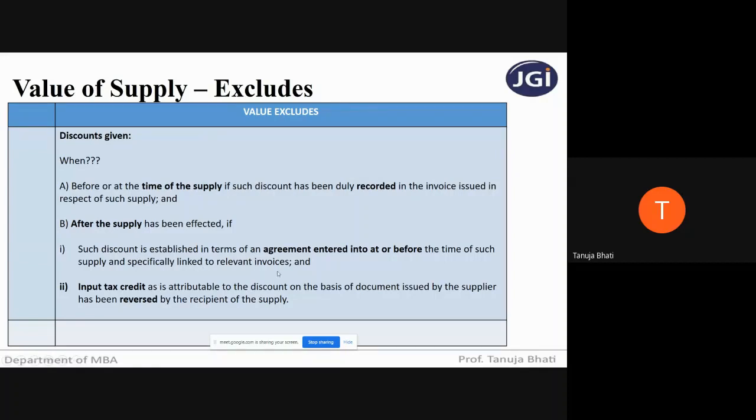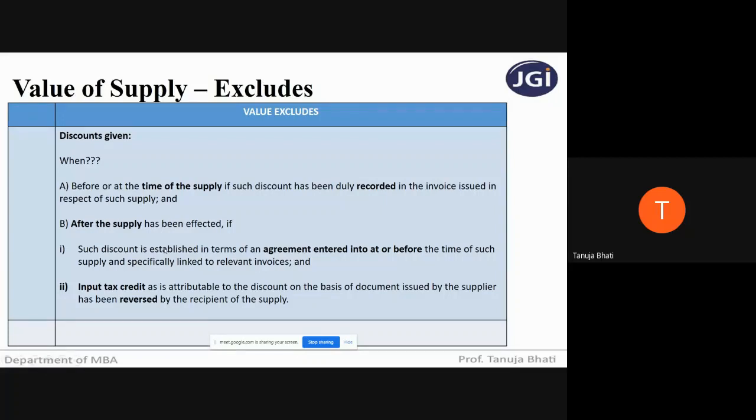So you should be able to trace for which particular invoice which particular discount was given. So the discount and invoice, there should be a matching of it, that for which invoice what was the discount given. If discount cannot be linked to any particular invoice, then it should be included in the transaction value. If it can be linked, then it has to be excluded.